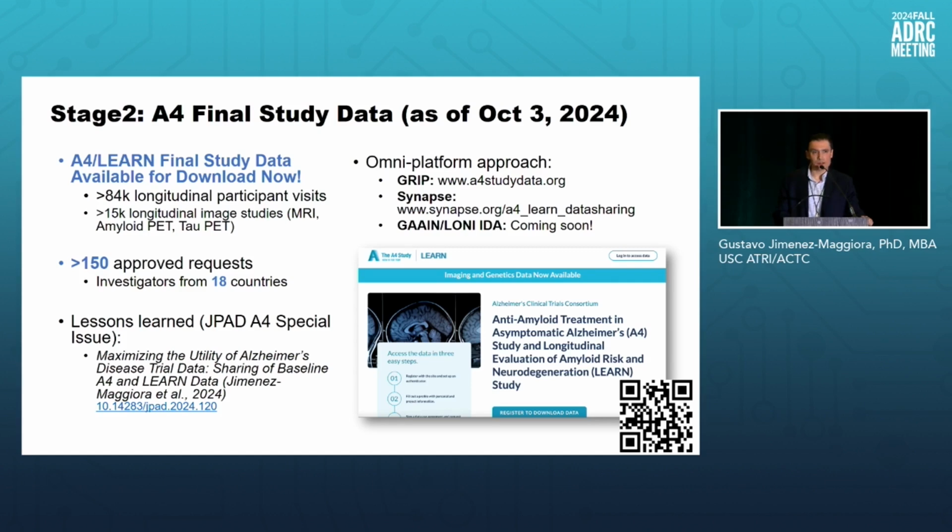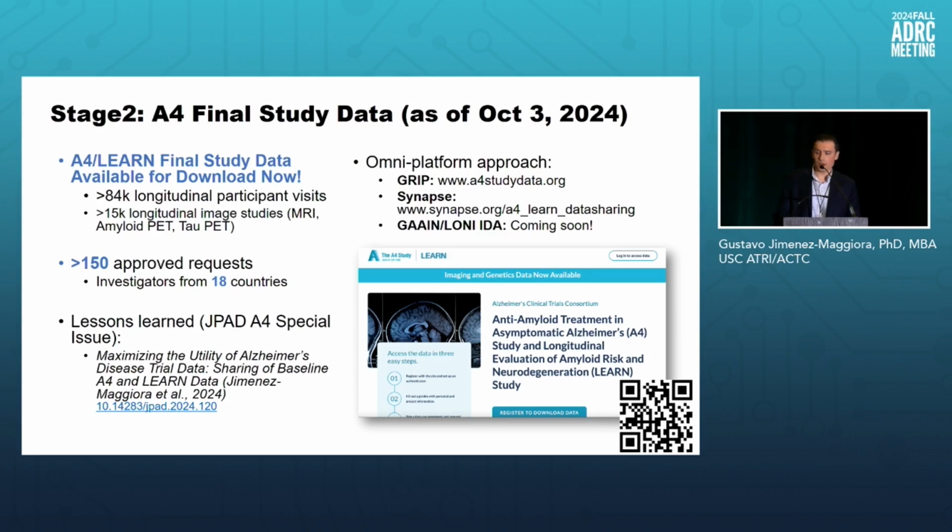Another lesson learned is that we've noticed that different sub-communities within the overall research community tend to gravitate toward different data sharing platforms. And so in an effort to meet investigators where they are, we've actually opted for sharing the full final data set on multiple platforms.